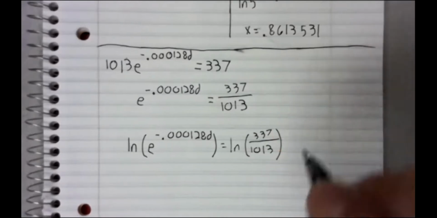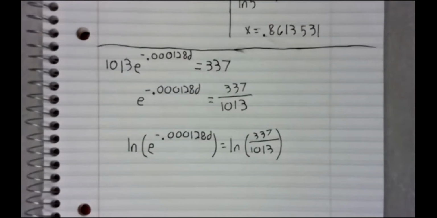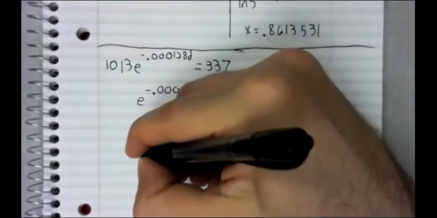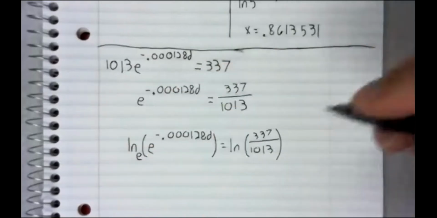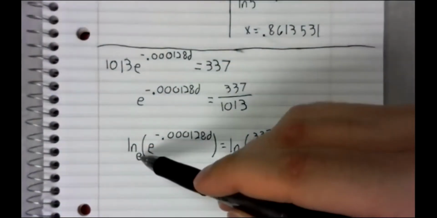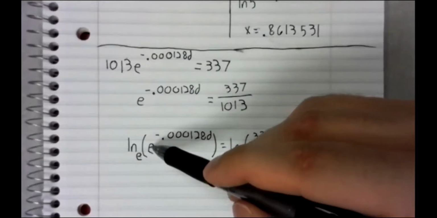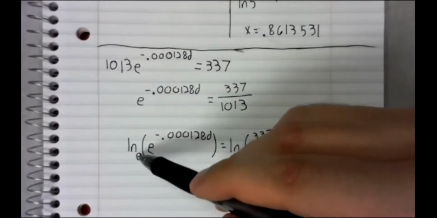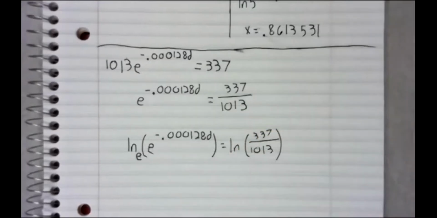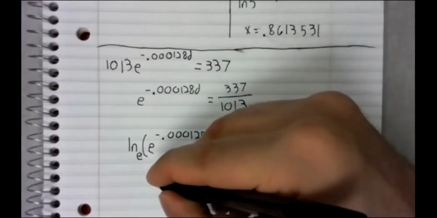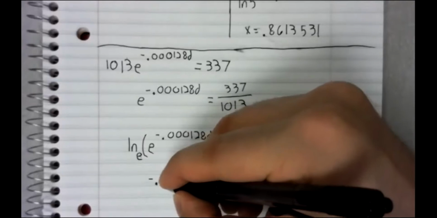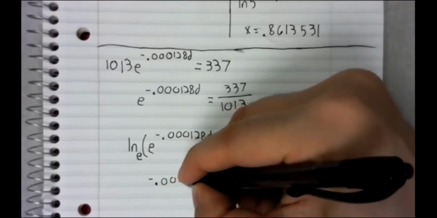And the advantage of the natural logarithm here is that the natural logarithm is base e. And when our bases match, the logarithm and the exponential just cancel each other out.